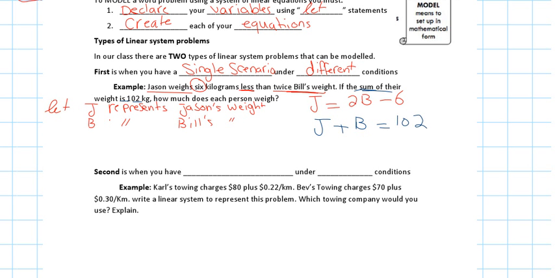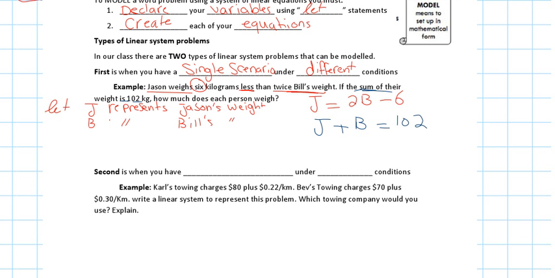The only way for you guys right now, unless you want to sit down and do trial and error, okay, is to graph this. Do you want to graph it so we can solve it? Are you guys interested in knowing what Jason's weight is and what Bill's weight is? Sure.